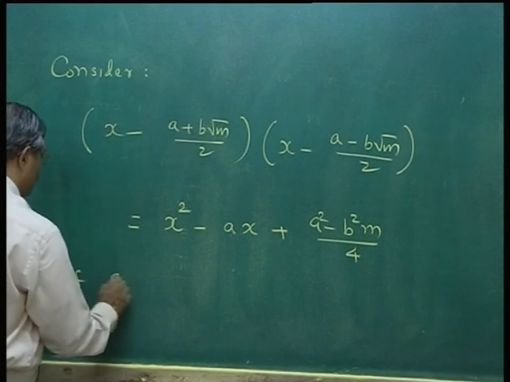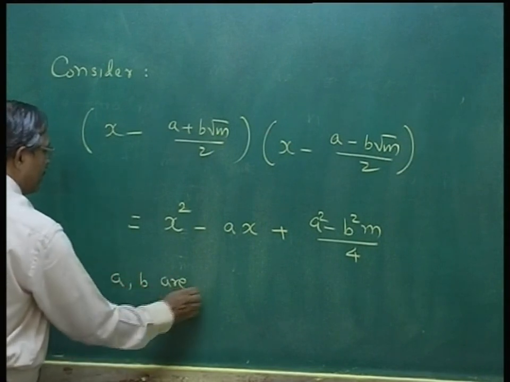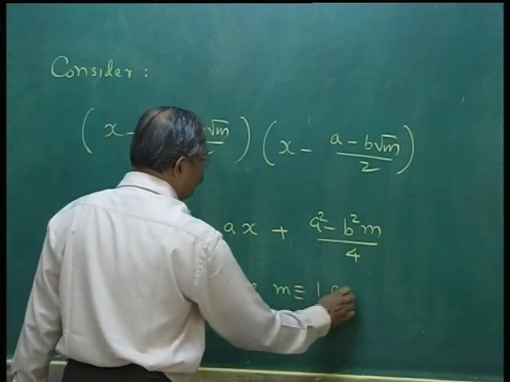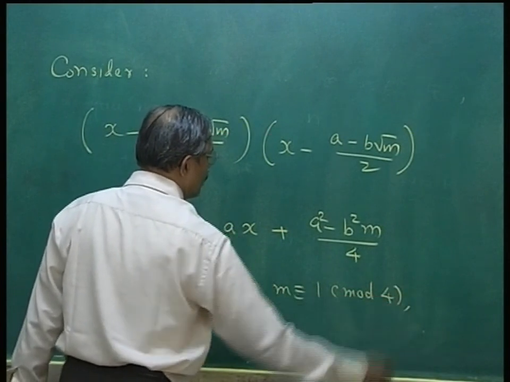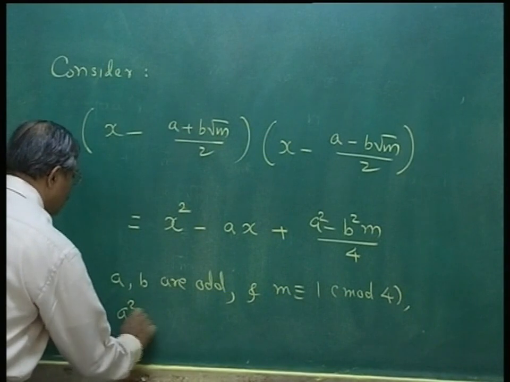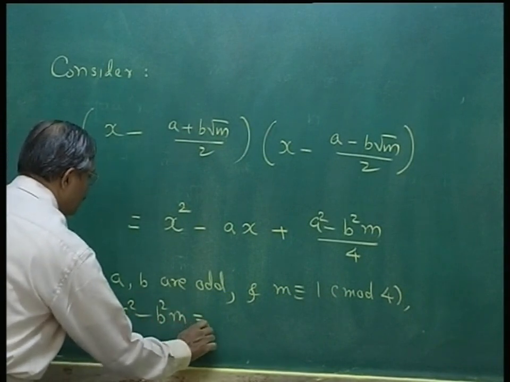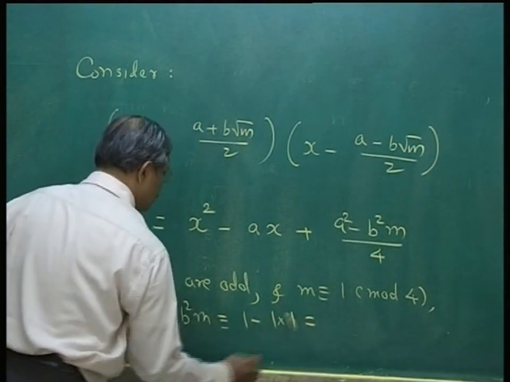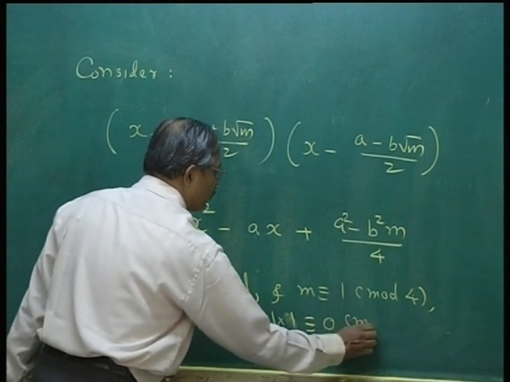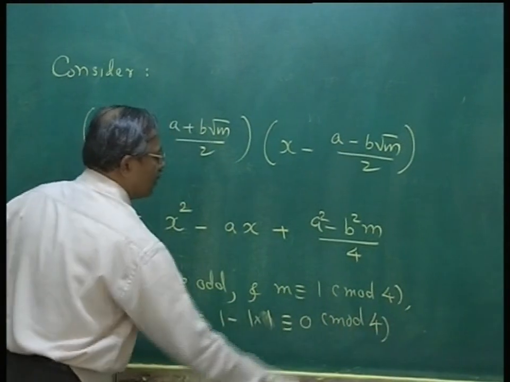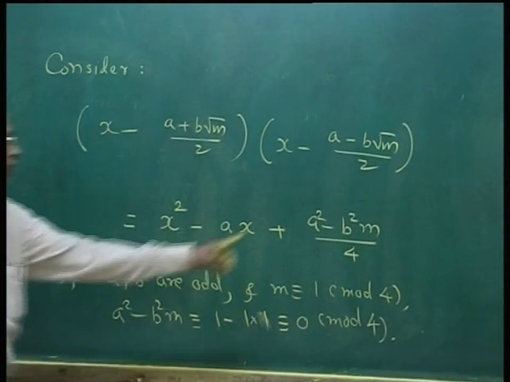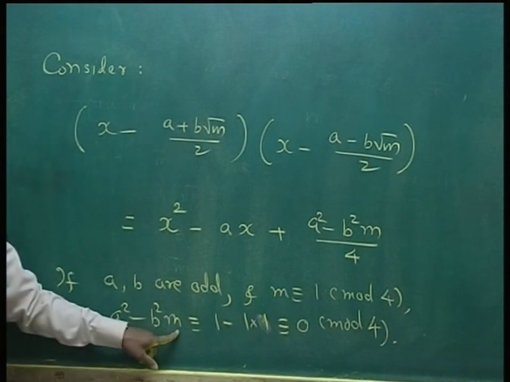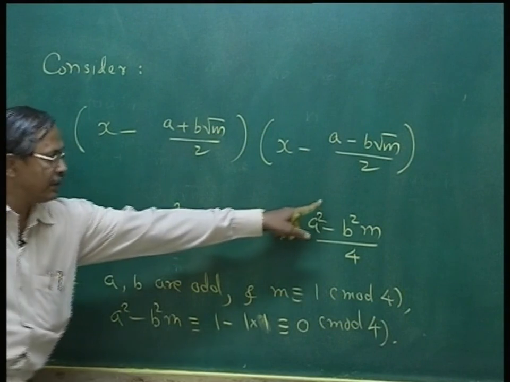If a, b are odd and m is congruent to 1 mod 4, a square minus b square m is congruent to 1 minus 1 into 1, that is congruent to 0 mod 4. This numerator a square minus b square m, this is 1 mod 4, 1 mod 4, 1 mod 4. So this is 0 mod 4, means divisible by 4.